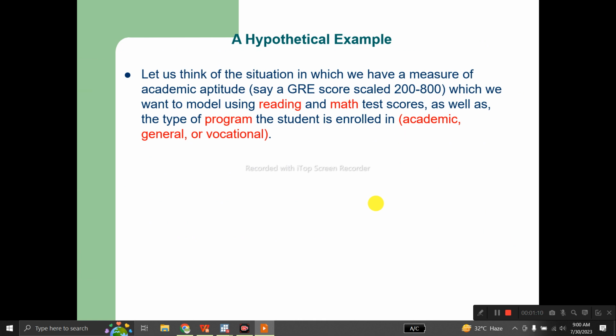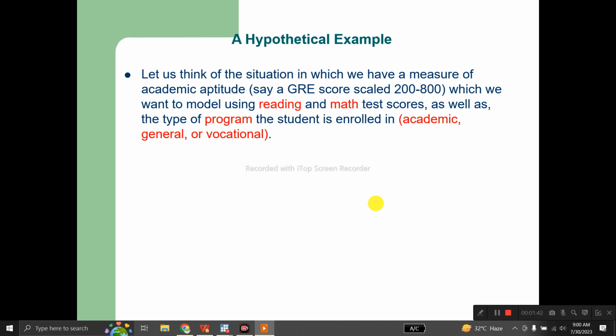Let me take a hypothetical example. Let us suppose we have a measure of academic aptitude, for example a GRE score, which is scaled from 200 through 800. The minimum score could be 200 and the maximum score could be 800, and we want to model it using reading and math test scores, as well as the type of program the student is enrolled in, which could be academic, general and vocational.